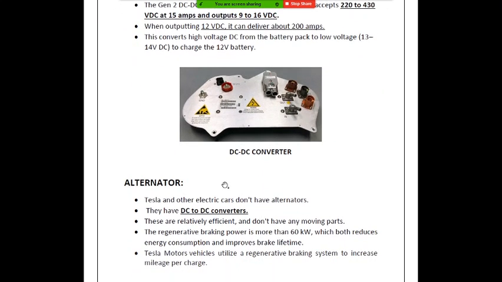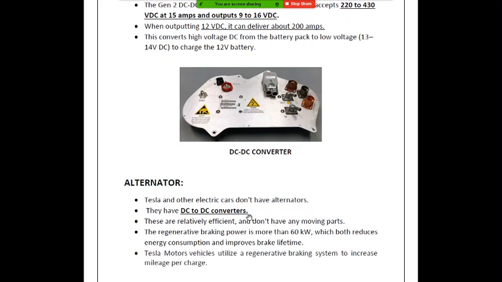So, alternators. As I said before, electric vehicles don't have alternators. Instead, they have a DC to DC converter, which I explained before. The usage of a DC to DC converter is because of its static nature.